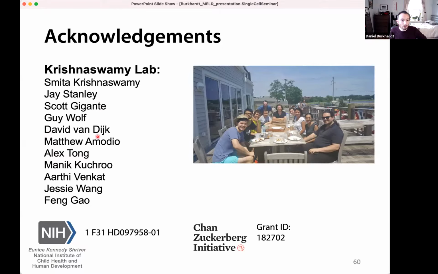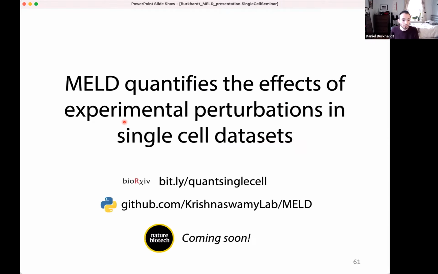David Van Dyke was, I think, one of the first people to really think about this kind of smoothing labels over a graph, and there's some interesting things we can do with that. Guy Wolf has been really helpful with leading some of the more mathematical conception of the paper as a senior author, and Scott has been invaluable in working on the software and discussions around the code.